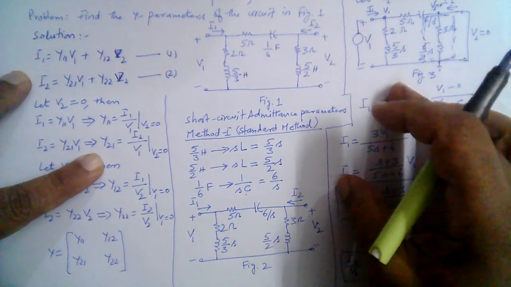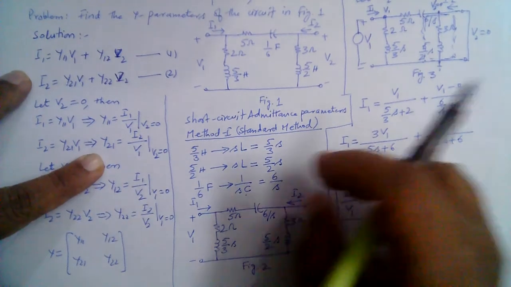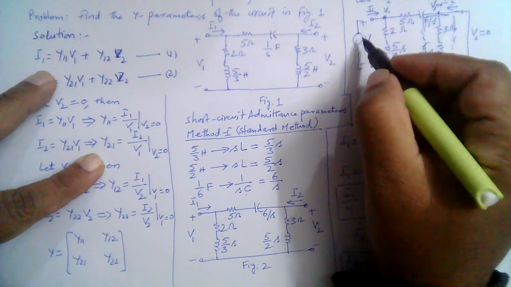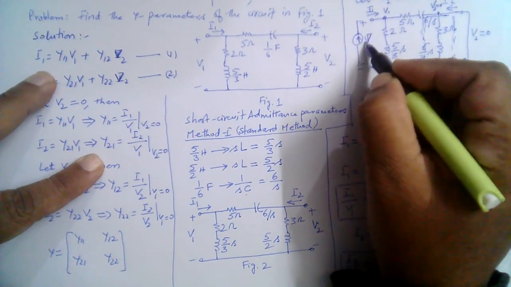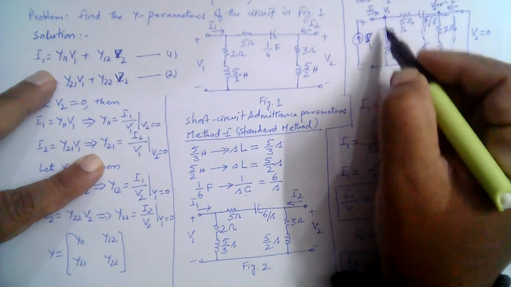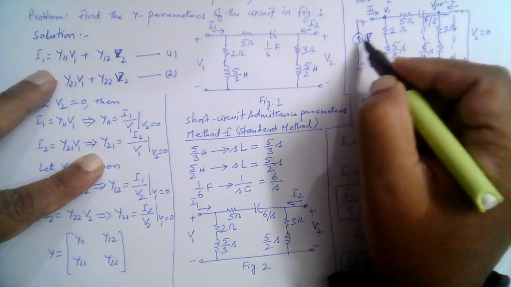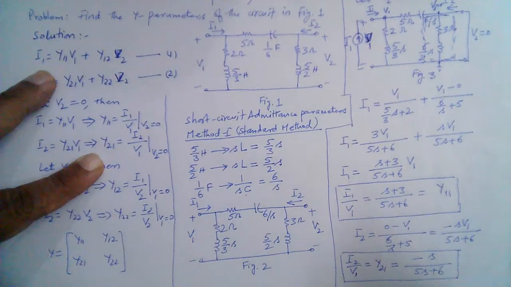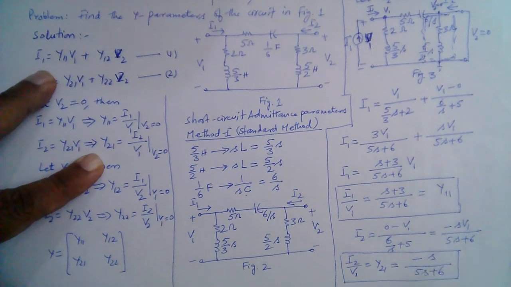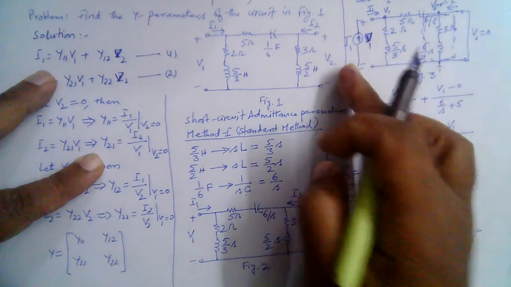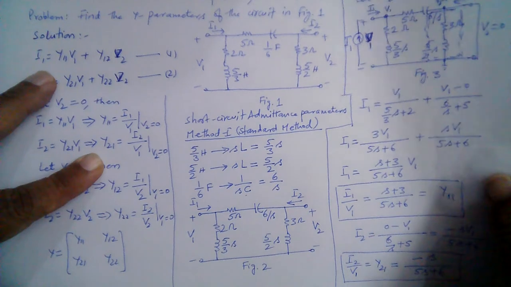So now to find the remaining two parameters, we let V1 equal to 0 and we short circuit the input port. Yes, we can assume a current I1 flowing here, right? And the voltage here is definitely V1, the voltage across these terminals. So let us now find the remaining two parameters by short circuiting the input terminal, right? So let me redraw the figure.